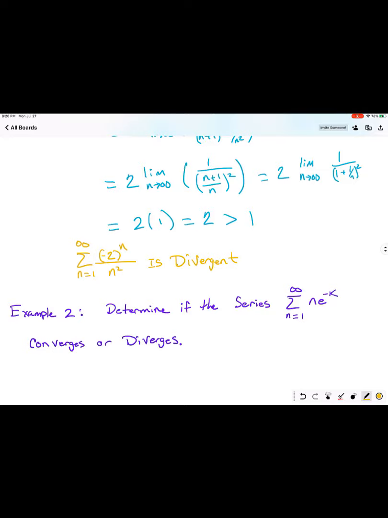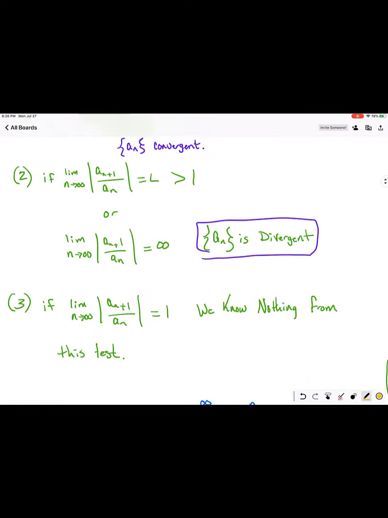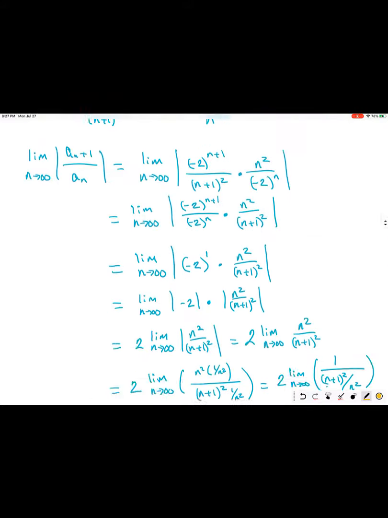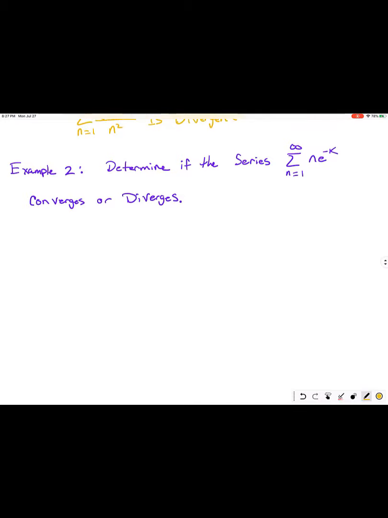And I did that because after applying the ratio test, I got 2, which is bigger than 1. And if I'm in the case number 2, so the limit is bigger than 1, we say it's divergent. Okay, let's look at one more example.